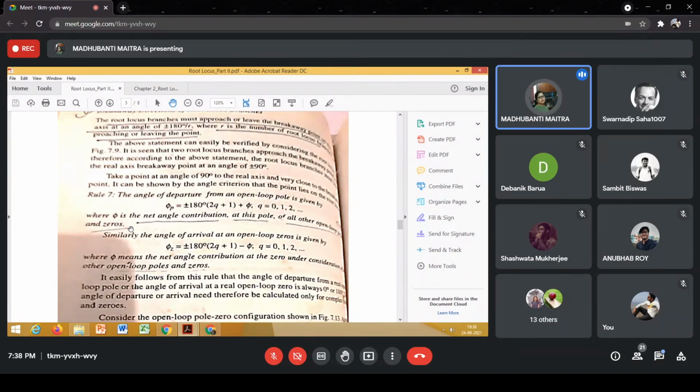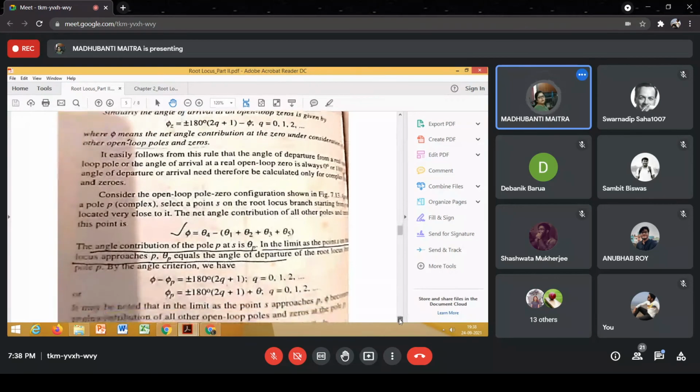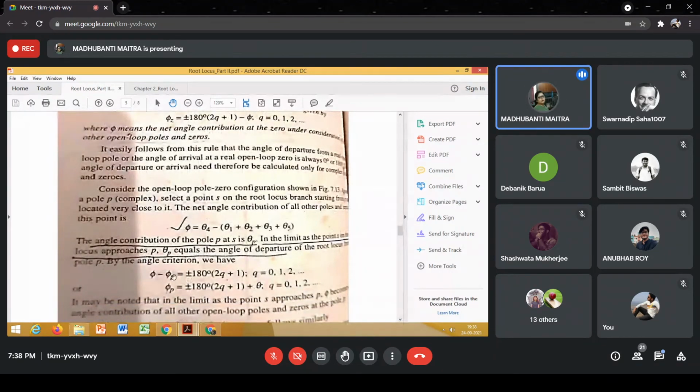And similarly, we can derive the expression for angle of arrival at an open loop zero. Only the difference will be in this case when we'll be calculating the net angle. The angle of arrival is denoted by phi z, and phi z will appear with a positive sign because phi z will be the angle contributed by a complex open loop zero.